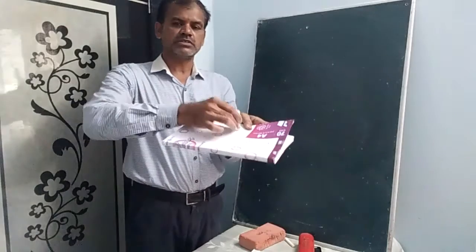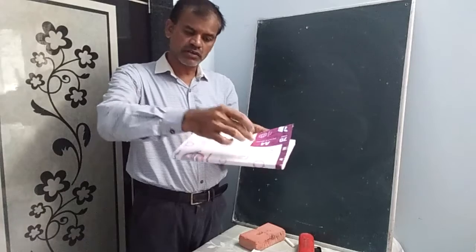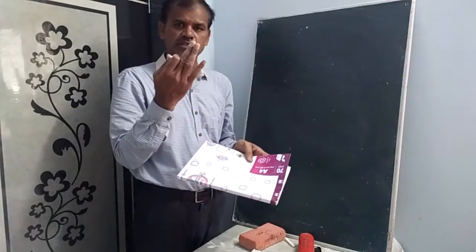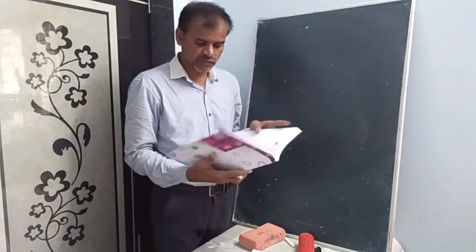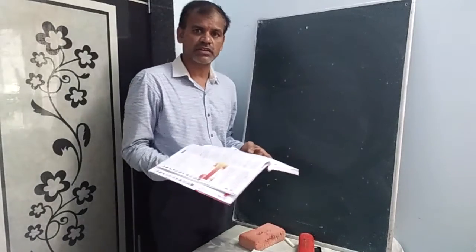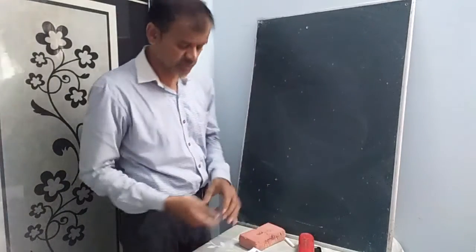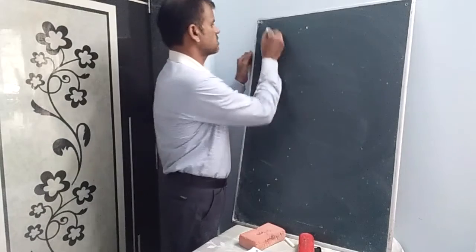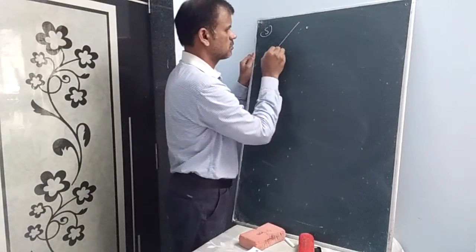Here, this is A, this is B, this is C. Here a tower is there, here a tower is there, here a tower is there. Three towers exist here: the first tower is on the vertex A, the second on the vertex B, and the third on the vertex C. Three towers. So, fifth question.